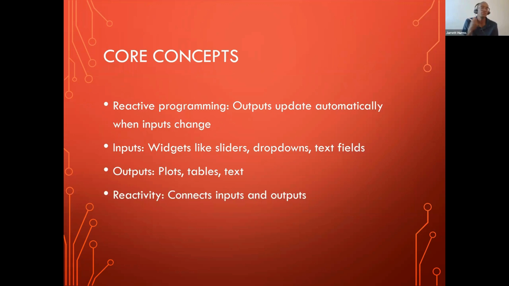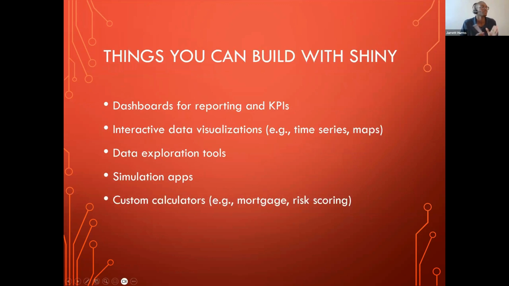You can have sliders, drop downs, text fields, and so on. You have the outputs, which can be plots, tables, text, anything you would like to have in there. And then the reactivity is connecting those inputs, how you interact with that slider, that drop down, that text field, and then the individual output that would come from that reactivity.